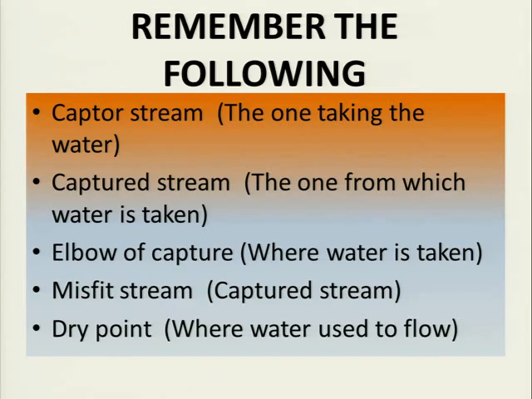Now guys, this can also be true of a periodic river. A periodic river can also have a huge riverbed with a little water flowing in it. But remember, we are now at stream capture. So, the misfit stream is the one that now has less water in it than it had. And then the dry point is the place where the water used to flow.